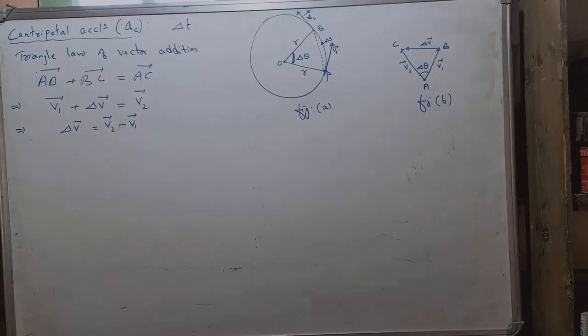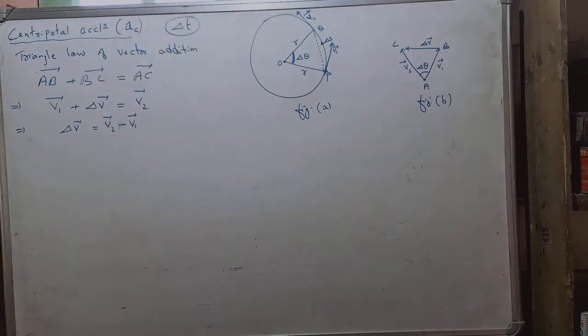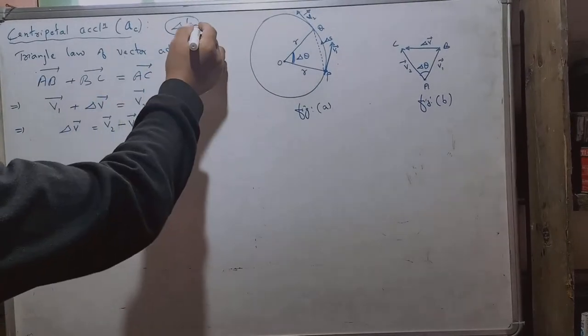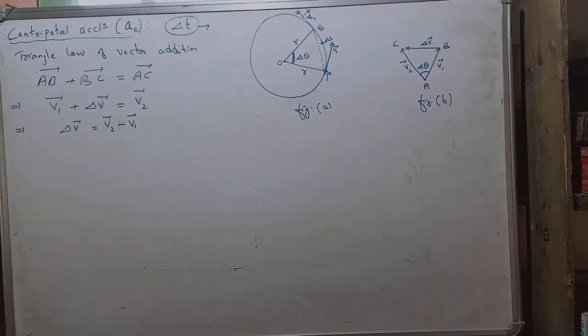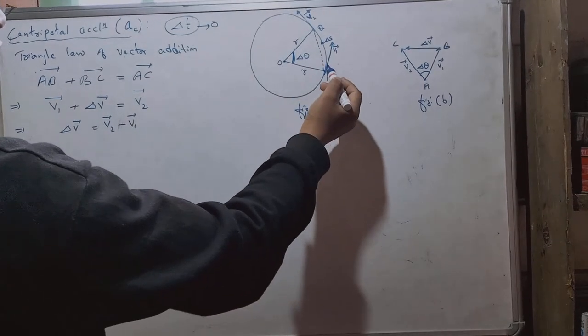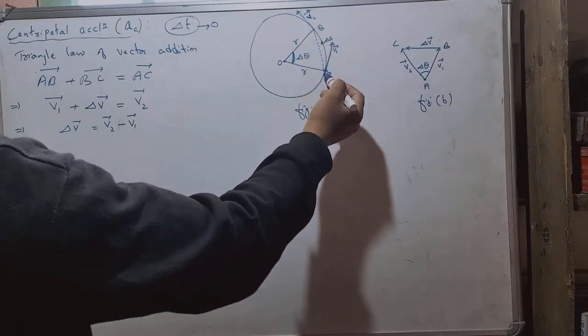Now, if this delta t, the time interval for the particle to go from P to Q, is very small, let us imagine that delta t almost tends to 0. In that case, do you think that point Q will be far from point P?